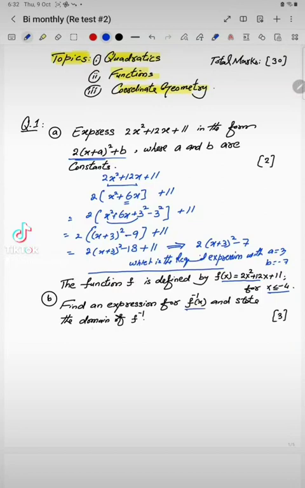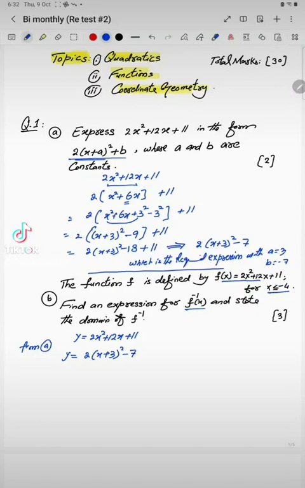Okay, fine. First of all, we know y is given to be 2x squared plus 12x plus 11, and in part A we have written this in completing square form.